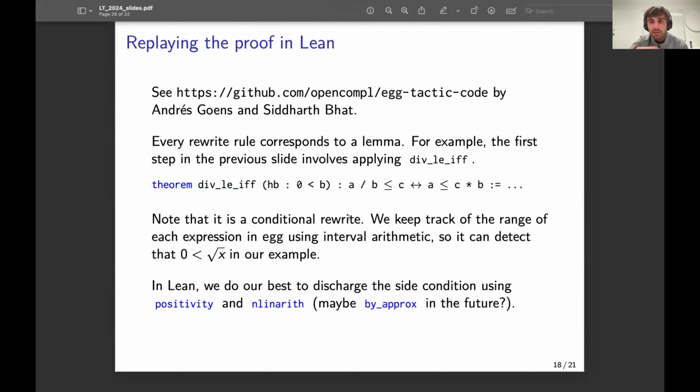So we do our best with the current existing tactics. I saw bv_approx recently, so maybe that could be useful, perhaps in combination with interval arithmetic. But here's a little challenge to the community: it'd be great to have better nonlinear arithmetic.